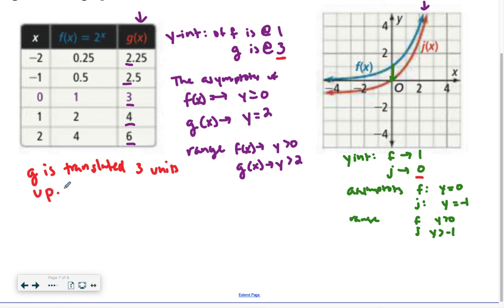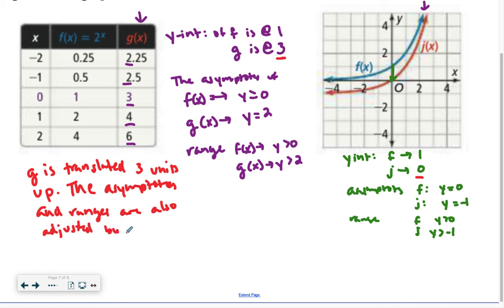And then we could also say that the asymptotes and ranges are also adjusted by 3 units.